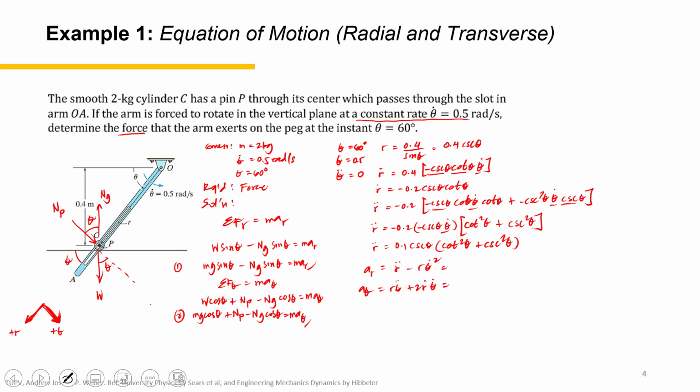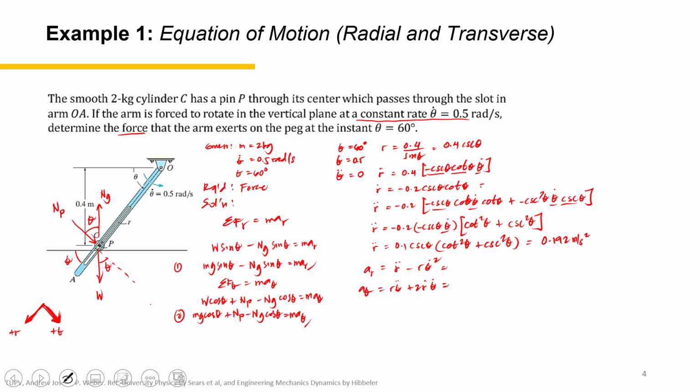r double dot at an angle of 60 degrees would be equal to 0.192 meter per second squared.